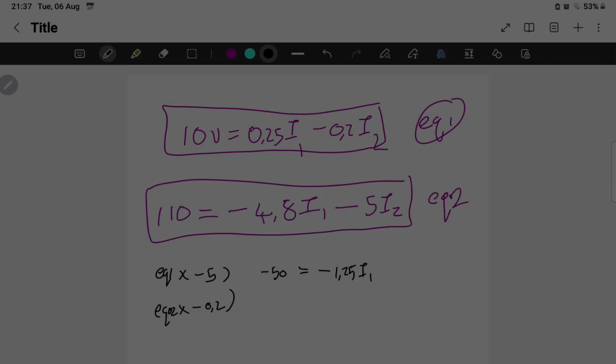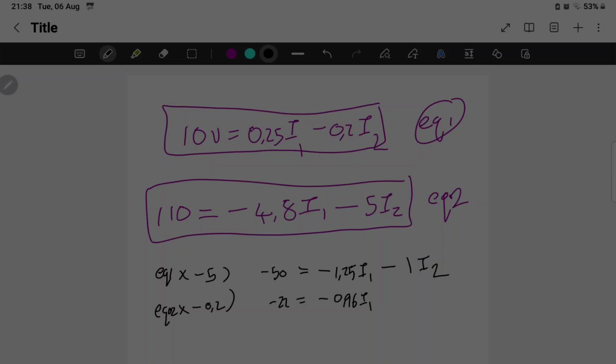0.2 multiplied by negative 5, we have negative 1 I2. And then for equation 2, we have 110 multiplied by negative 0.2, which is negative 22, equals negative 4.8 multiplied by 0.2, which is negative 0.96 I1.